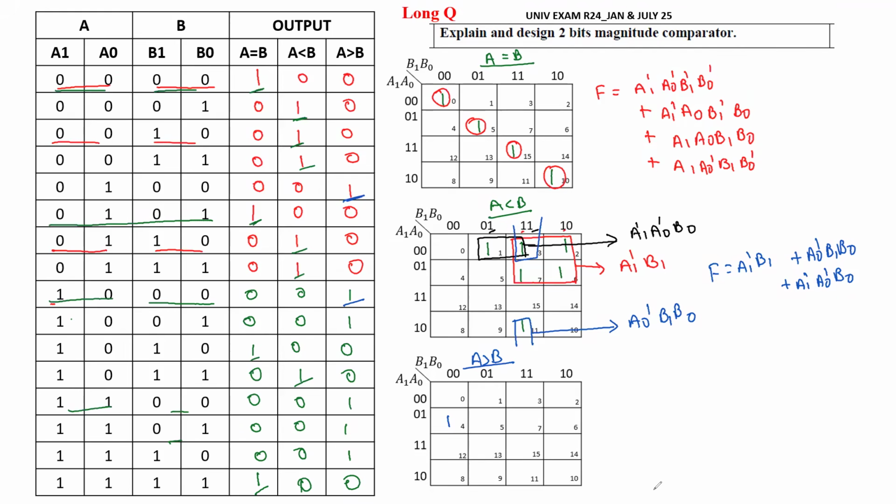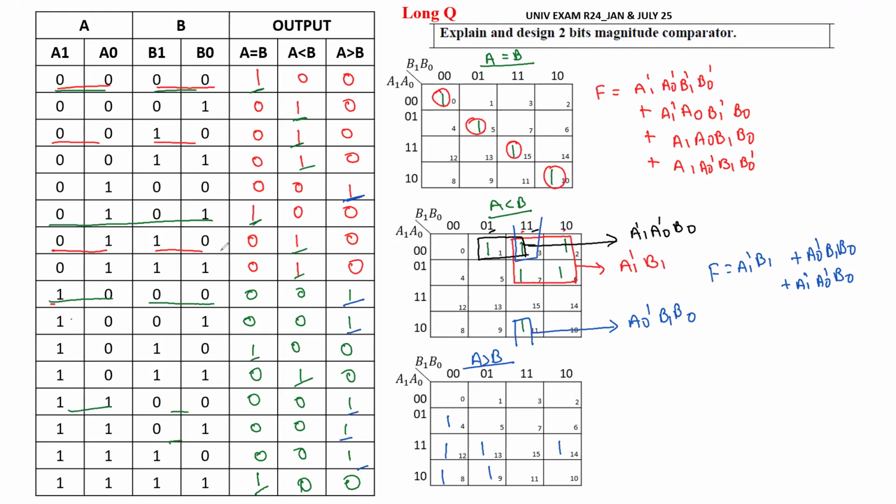Okay. So here what we have? 8. Next what we have? This one is 9. Next what we have here? This is the 12. Next what we have? This is 8, 4, 1, 13. This one is how much? 14. Okay. So now these are the combination you are able to obtain.